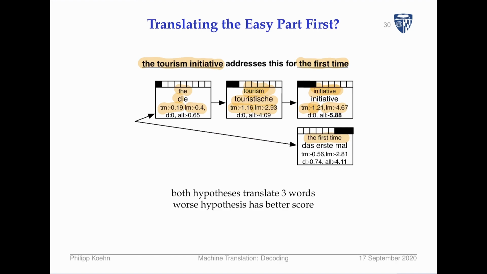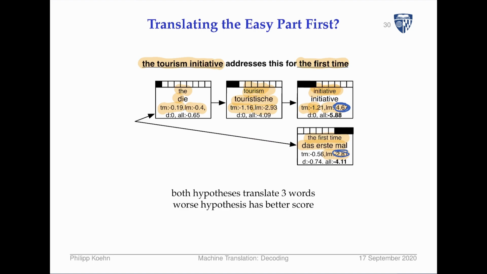So it gives it a bad score. These are log probabilities here. While the first time is just a pretty standard phrase that's been used many, many times, and that's something the language model is going to like better. So the key difference here is that the language model doesn't like that first phrase so much, and it does like the second phrase much better.